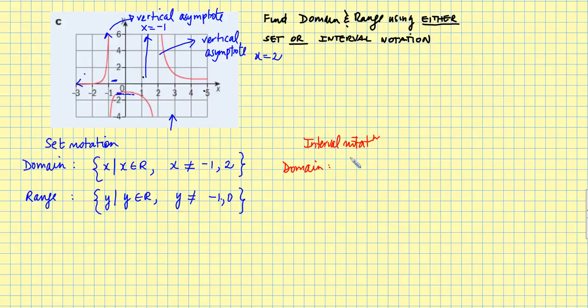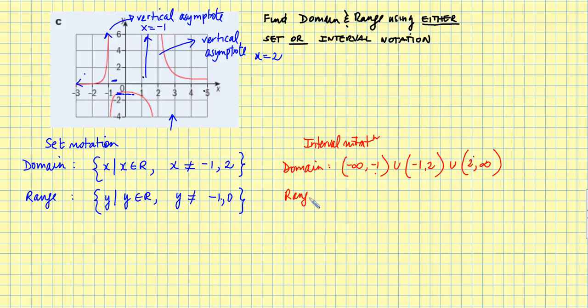Because it's going from negative infinity, I will go from negative infinity to negative 1, and there will be a union with negative 1 through to 2, but 2 again is not included, and then there will be a union with 2, not included, all the way through to infinity. So that would be my domain.